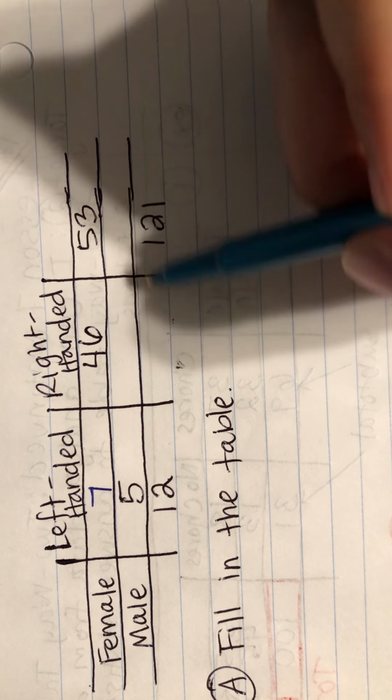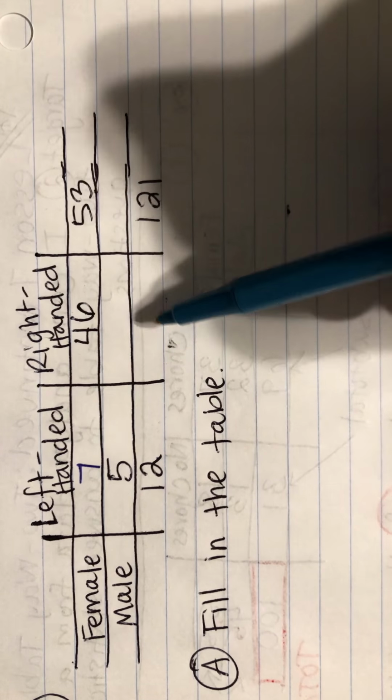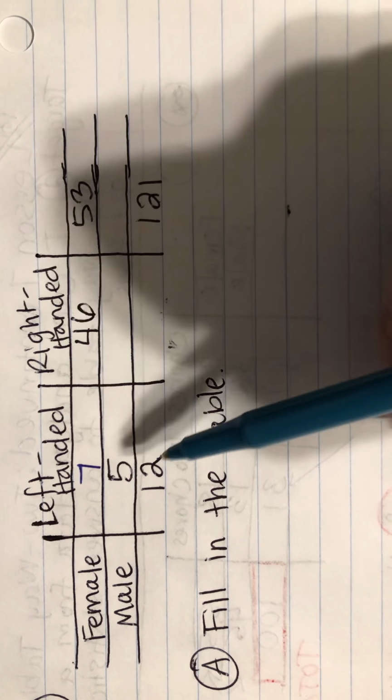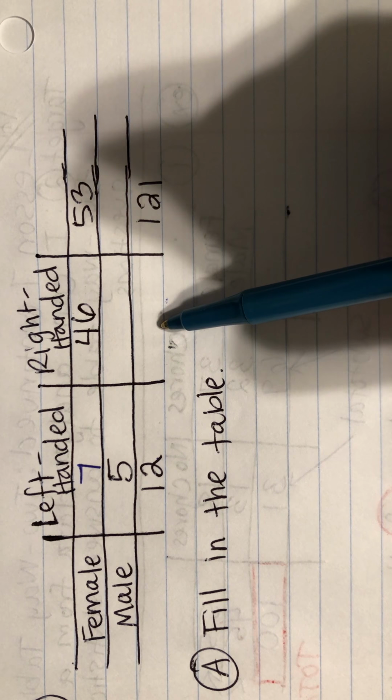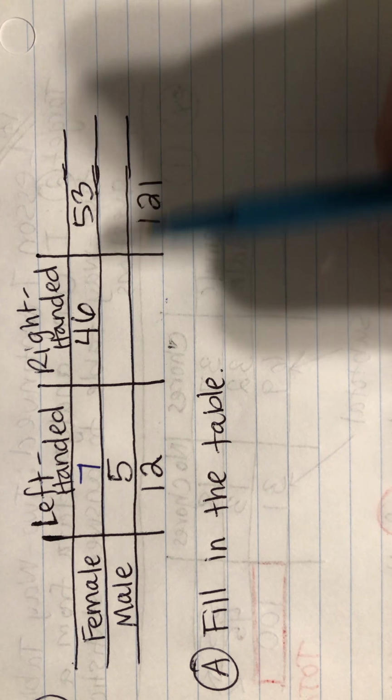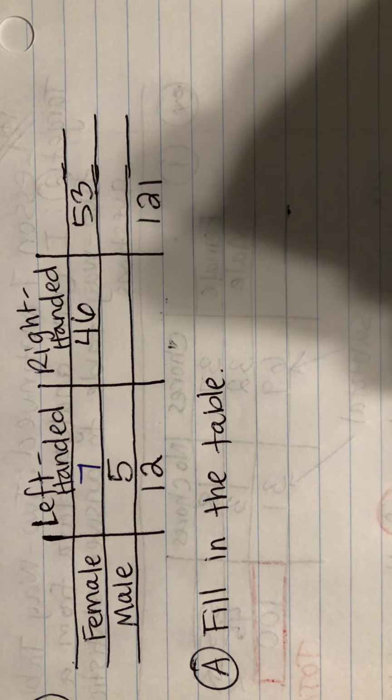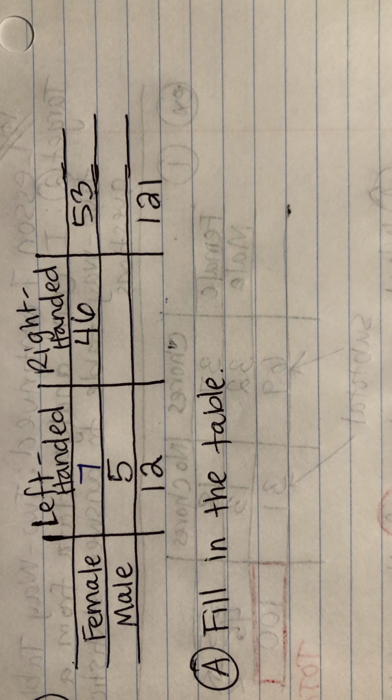We can start with either one, it doesn't matter. So let's go ahead and do this one. These two subtotals should add up to 121. So to get the missing piece, we do 121 take away 12. Go ahead and use your calculators and subtract.